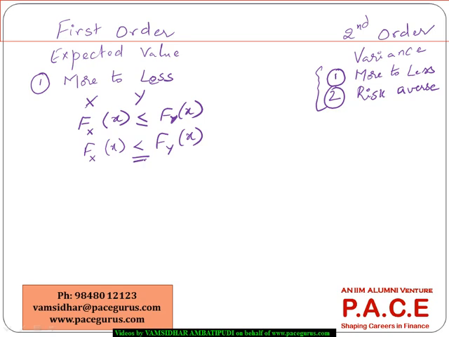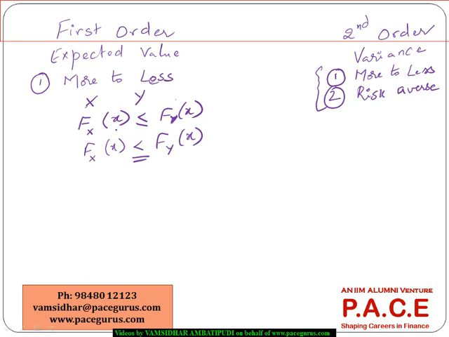So the probability that portfolio Y produces a return less than a certain value cannot be less than the probability of portfolio X producing that particular return.